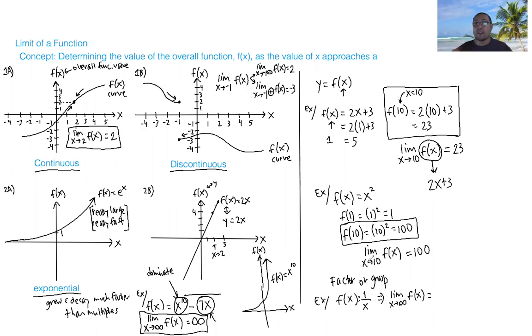Because think of a piece of cake. As you divide a single cake into more and more pieces, the smaller all the pieces get, until you divide it into so many pieces that the pieces are virtually non-existent, right? And so any value divided by infinity, or the concept of a very large number, we're going to say that the value of that function is going to approach 0. Okay?